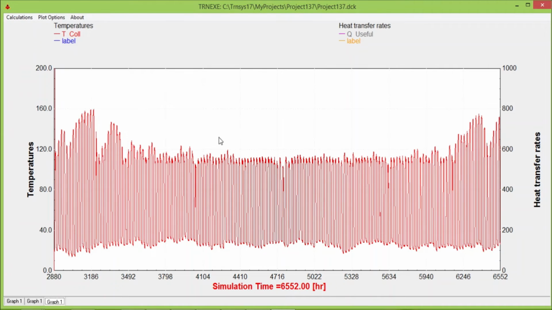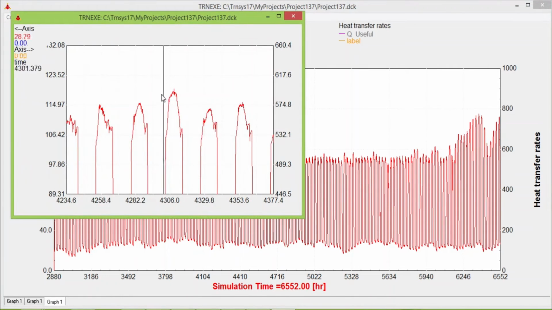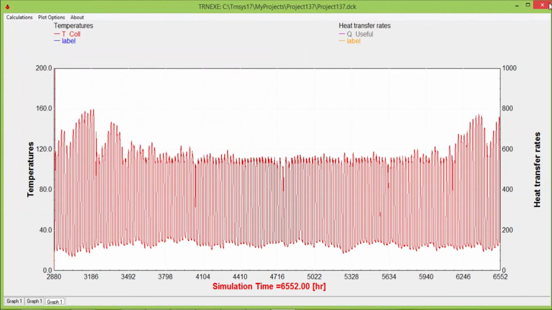So the outlet temperature is around 118, 113, 114, so it's good.